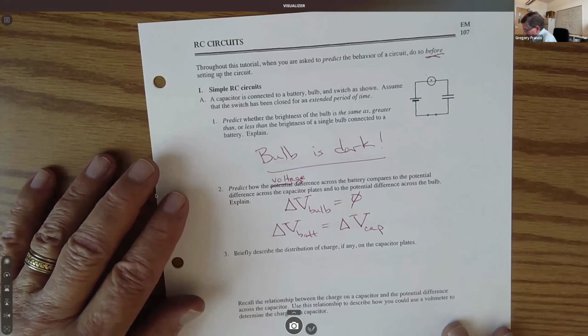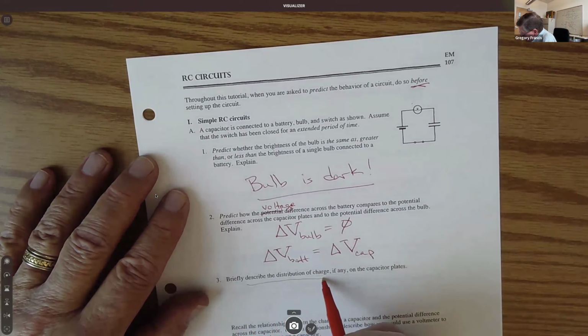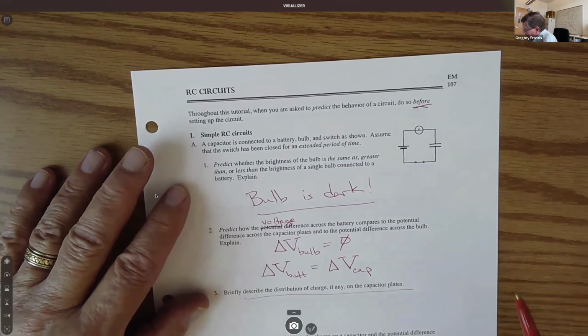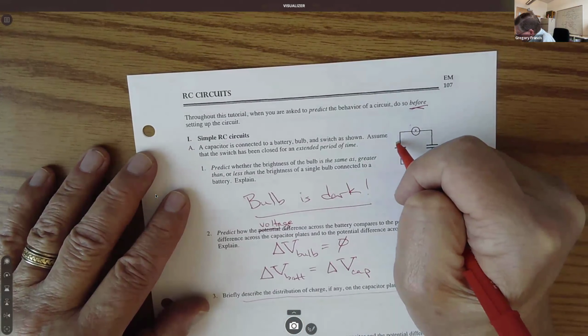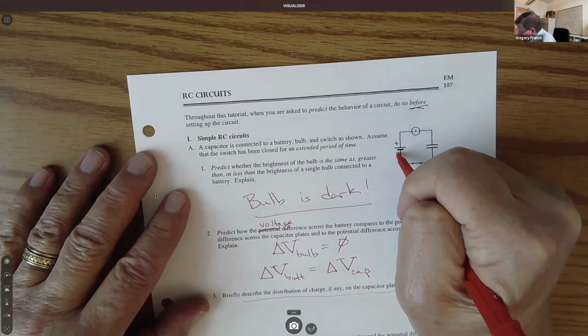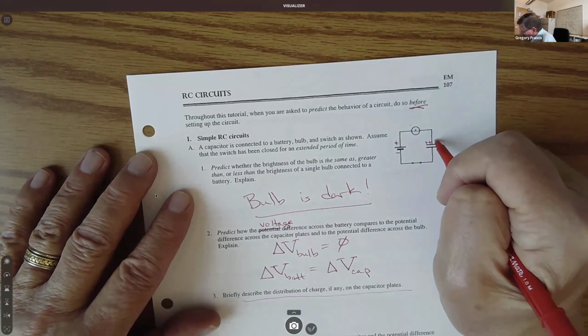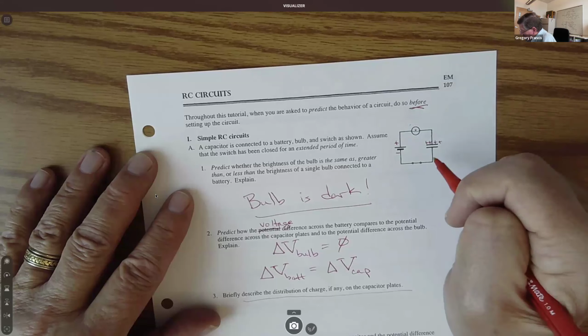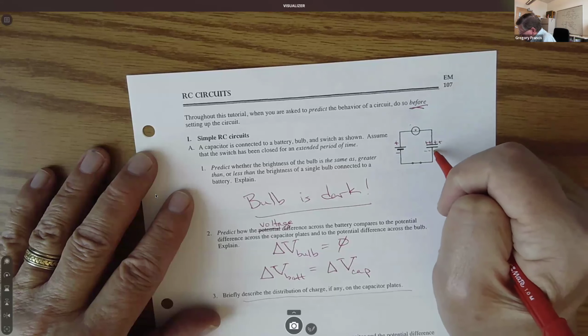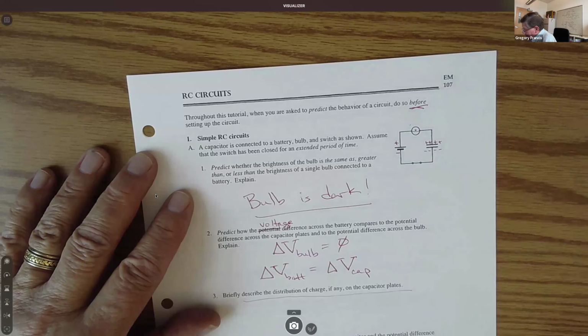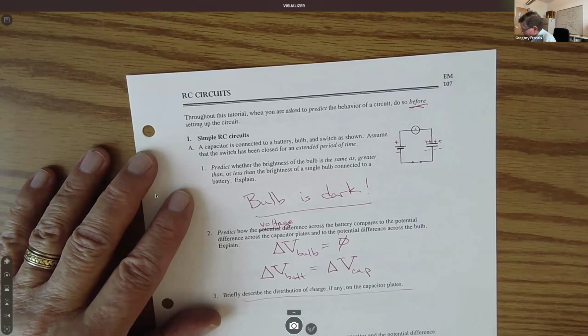Now, we're asked to describe the distribution of charge on the capacitor plates. Well, since this is the positive terminal of the battery and this is the negative terminal, the plate closest to the positive terminal will be charged positively, and the plate near the negative terminal will be charged negatively.